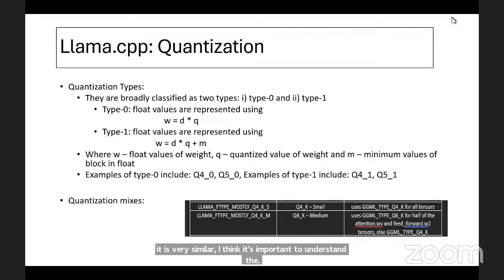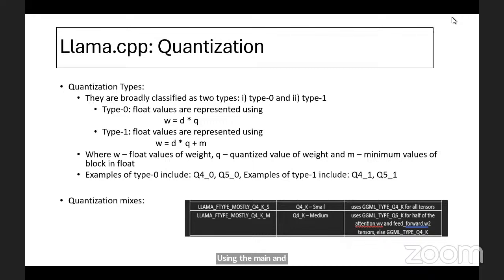So it also has 2 types of quantization, also called type 0 or type 1. When we compare it to the traditional quantization, this might be compared with symmetric and asymmetric. And as you can see, they calculate the quantized weights from the floating point values using the min and offset.